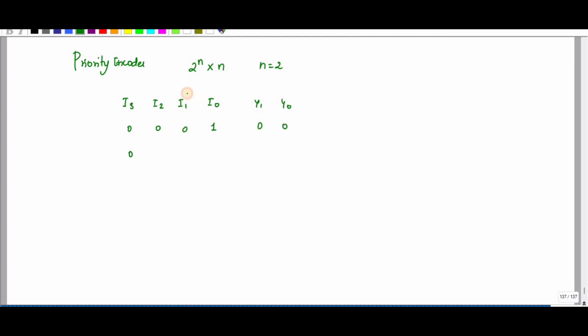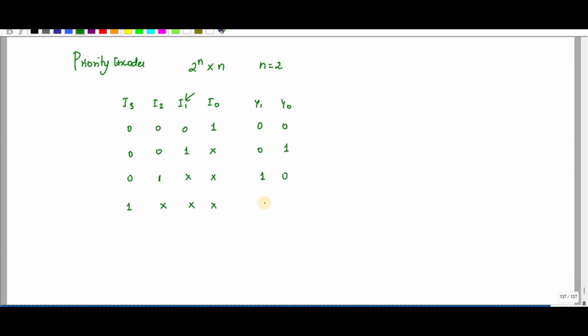The priority is given to I1 for the next state. If I1 is 1, irrespective of I0, whatever the value 0 or 1, you should produce the output 0 1. Likewise, I2 has higher priority, so if I2 is 1, irrespective of the value of I1 and I0, you should produce the output 1 0.